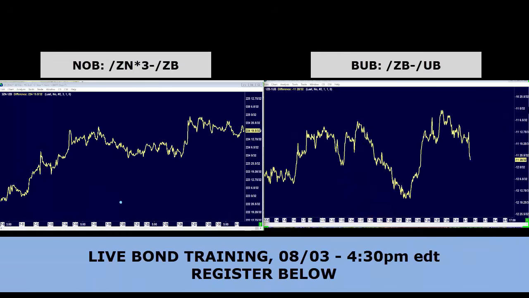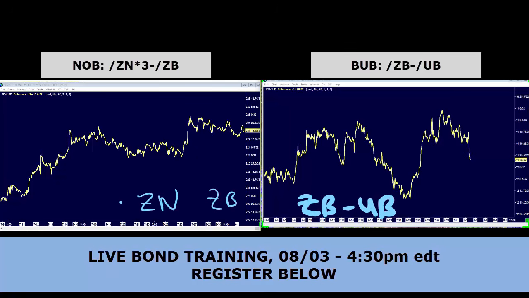What we're looking at here is the ZN against the ZB, and this is going to be the ZB against the UB. Now, back to our yield curve example, we talked about 10s, 30s, UB. Again, we're trading the difference between them. The ZNZB has a difference of 18 years.